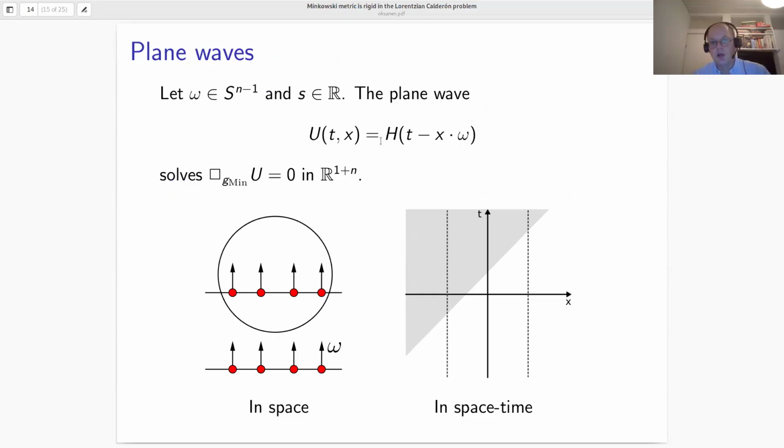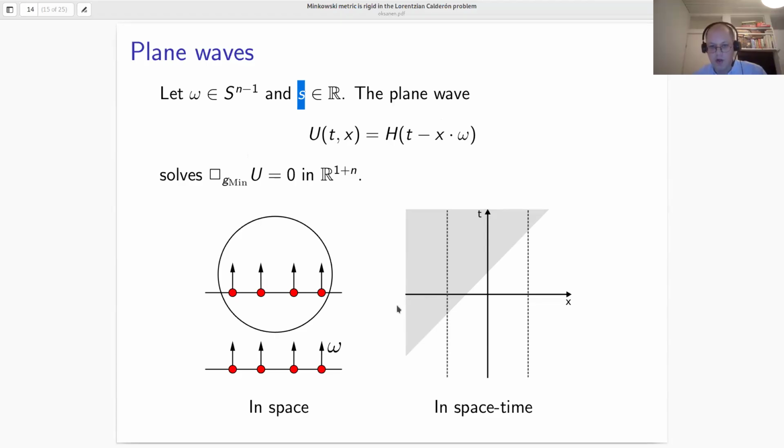And then if H is the Heaviside function, this function u obtained from the Heaviside function satisfies the Minkowski wave equation. And this Heaviside function, of course, the standard Heaviside function jumps from 0 to 1 at the origin, but you can maybe shift the origin by some number if you wish.